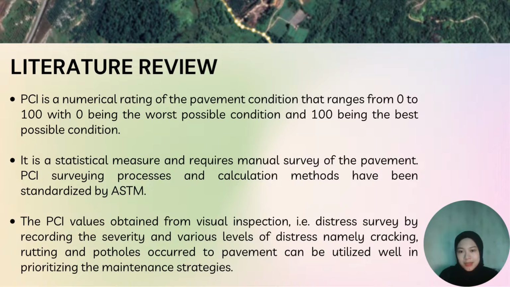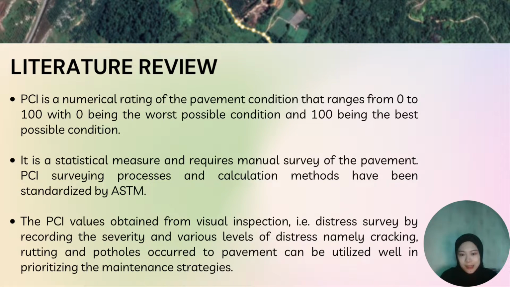Literature review. PCI is a numerical rating of the pavement condition that ranges from 0 to 100, with 0 being the worst possible condition and 100 being the best possible condition. It is a statistical measure and requires a manual survey of the pavement.